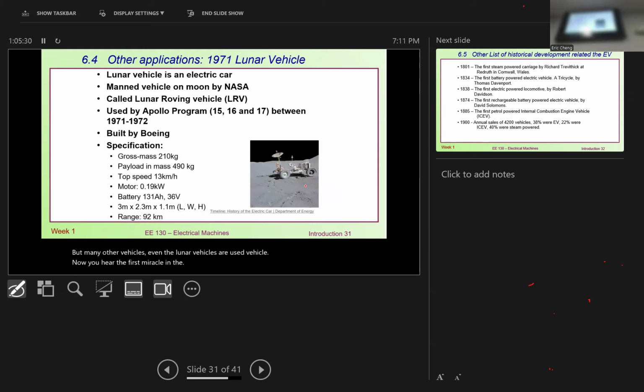Even the Apollo programs 15, 16, and 17 sent an electric vehicle to the moon. The power level is not very high: the payload 490, the speed really low at 13 km per hour, the motor really small at 0.19 power, and the battery smaller than today's. So EV has been here for many years anyway.